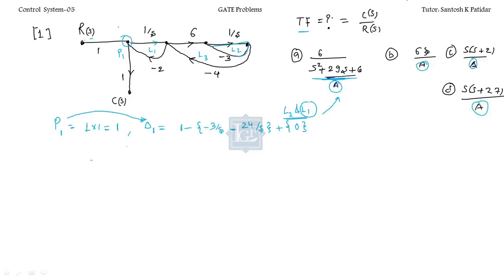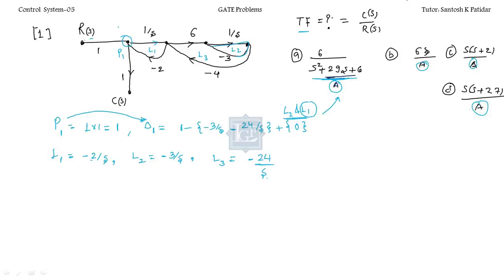Okay, perfectly fine. Now let's find the individual loop gains. L1 is minus 2 by S. Okay, what is L2? L2 is minus 3 by S. What is L3? L3 is minus 24 by S. Am I right? So you have three individual loop gains.